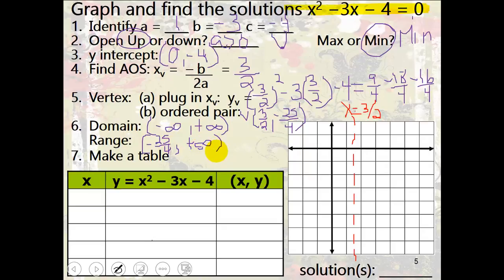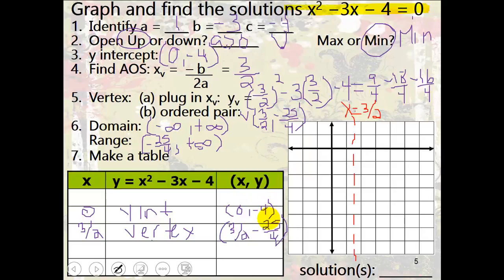All right, now we're going to fill out our table. My vertex is at 3/2. I don't do the calculation again. Negative 25/4. I'm going to put in my y-intercept 0. So that's (0, -4).